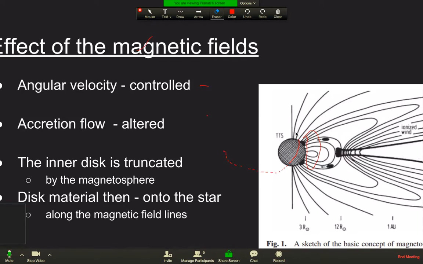Okay, so here the same thing happened. You have your field lines, right?